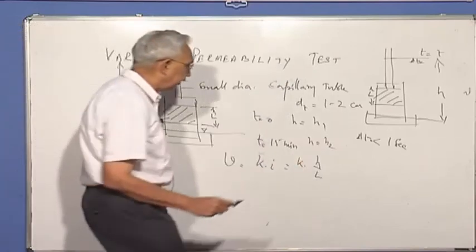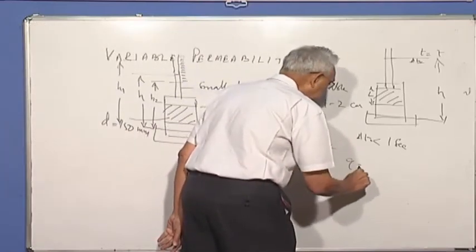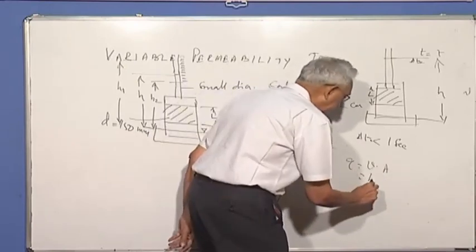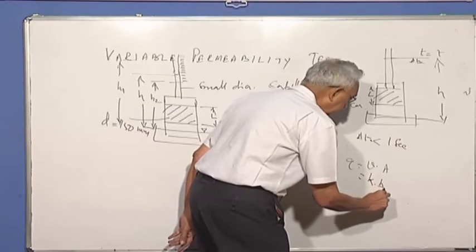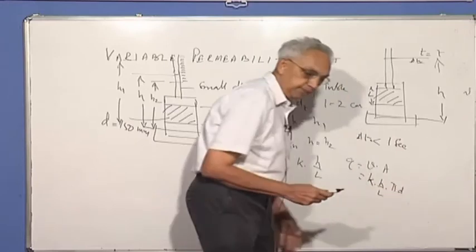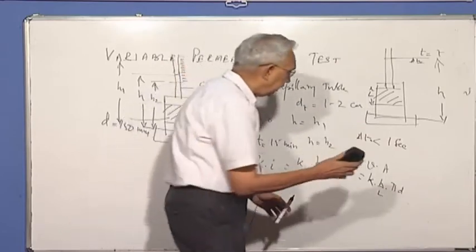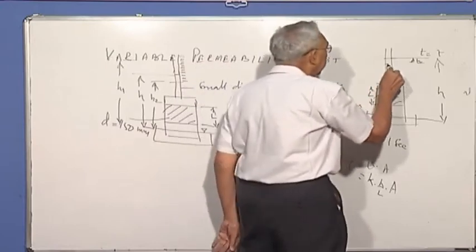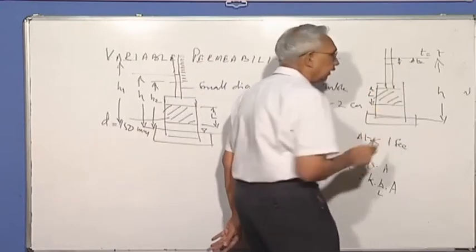And what will be the quantity of flow? Q is V into A, which is equal to k h by L. Area is pi d square by 4, or shall we say capital A? I leave it as it is. And the water level has fallen over a distance delta h.